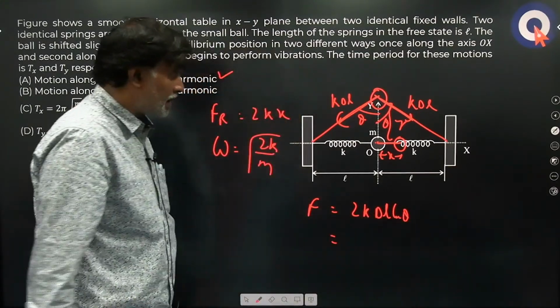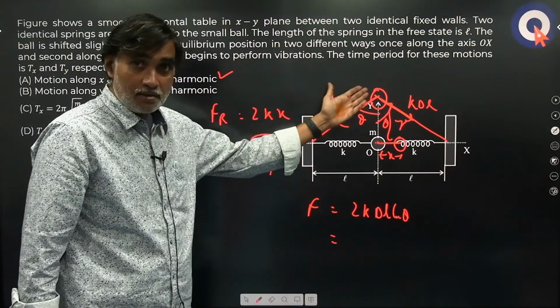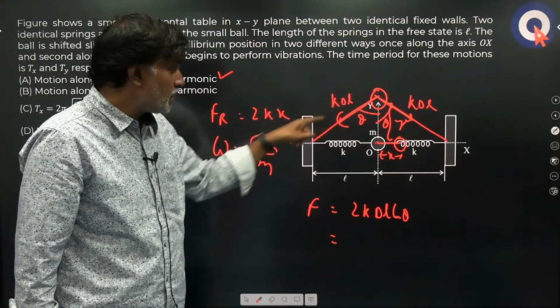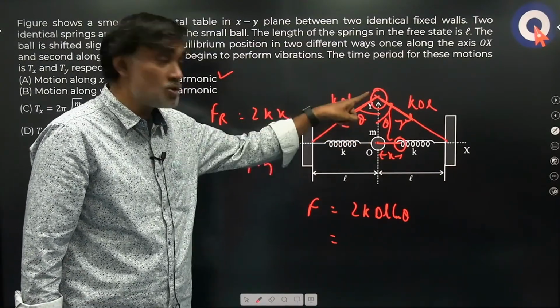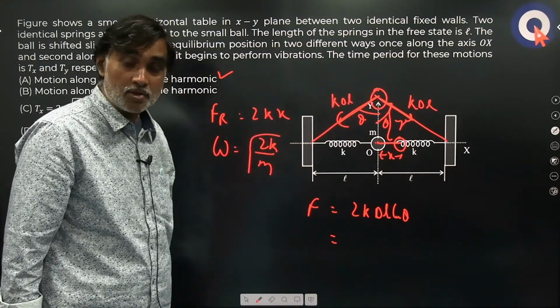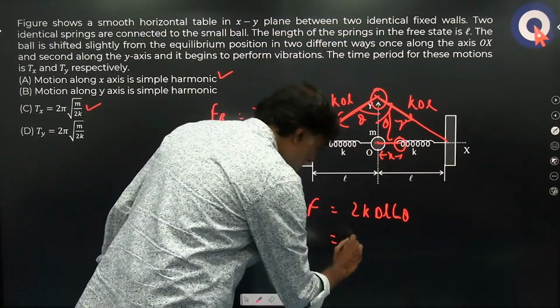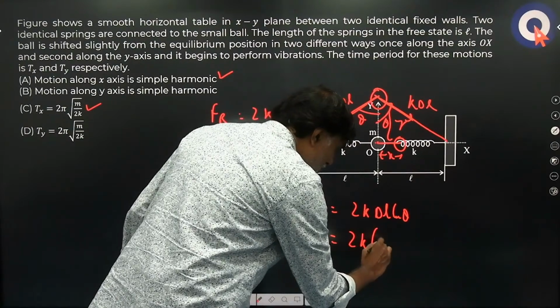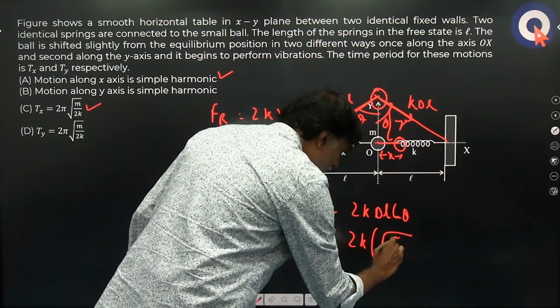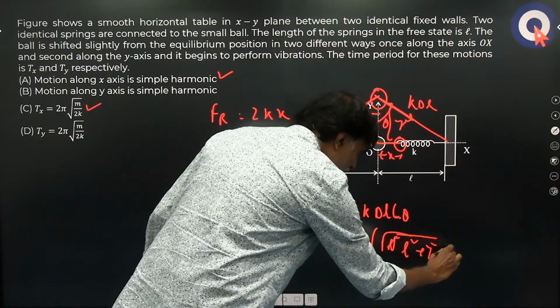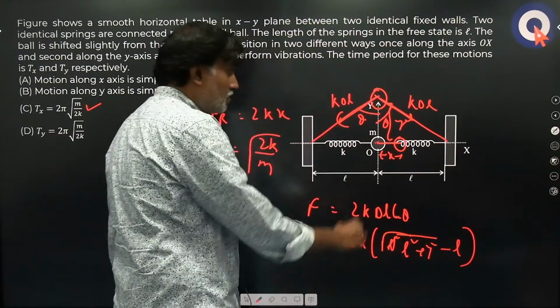But what is delta L? It is the increase in spring length, okay. So what is the length of the spring now? If this is L, this is y, this is root of L square plus y square. So delta L is root of L square plus y square minus L. So it is 2k into root of L square plus y square minus L into cos theta. What is cos theta?